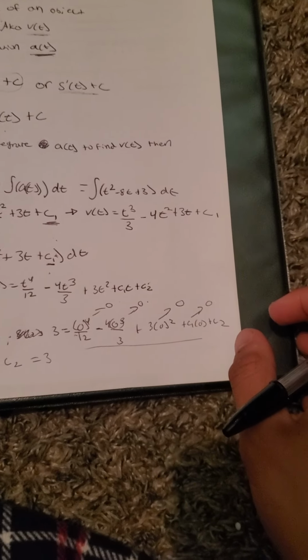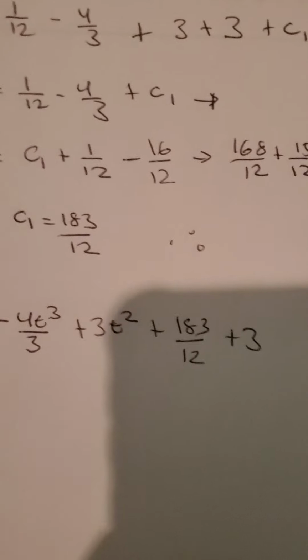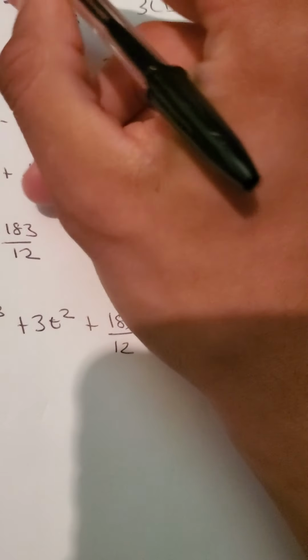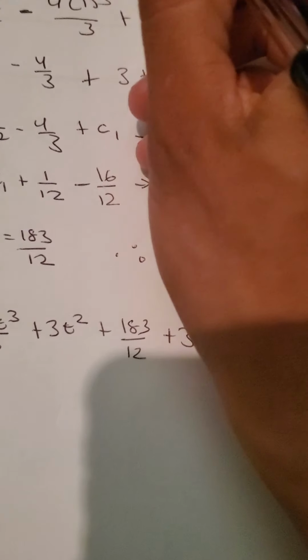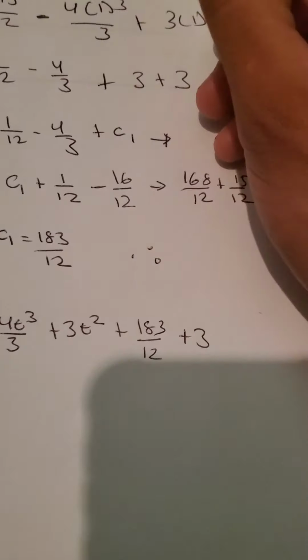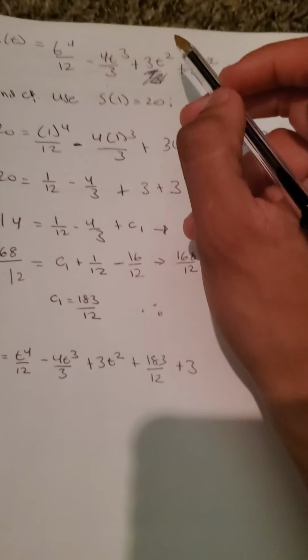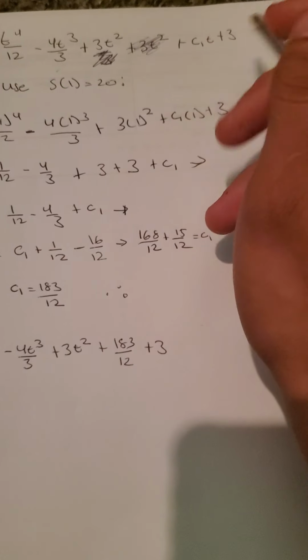All those terms go to 0. So therefore c2 is equal to 3. Plug that into the function: t to the 4th over 12 minus 4t cubed over 3 plus 3t squared plus c1 t plus 3.